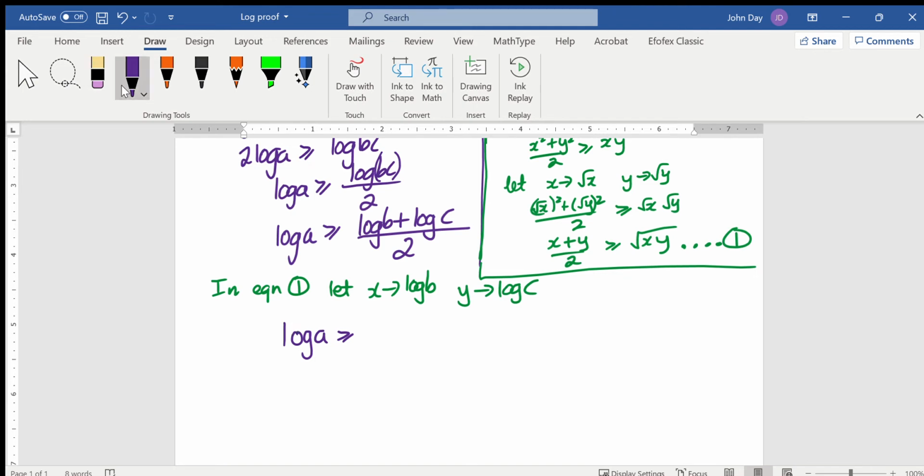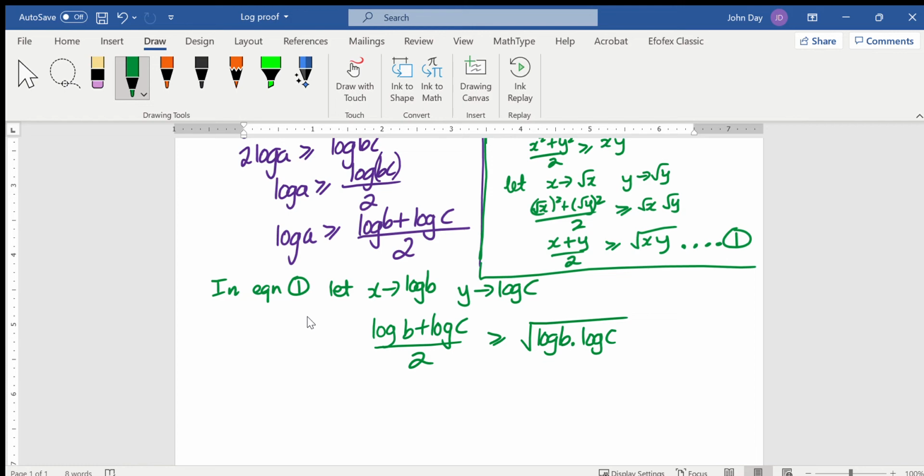Sorry, I probably should have written what I'm doing there, so I'm just going to go back in green. So log of b plus log of c on 2 is bigger than or equal to the square root of log of b times log of c.